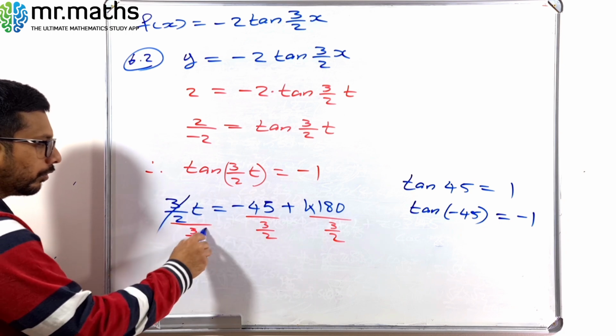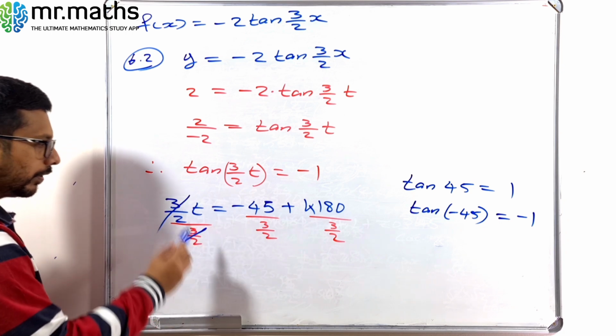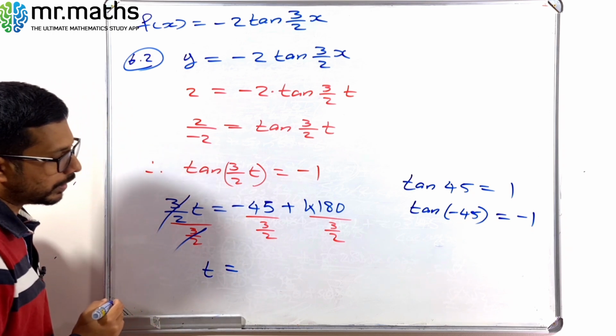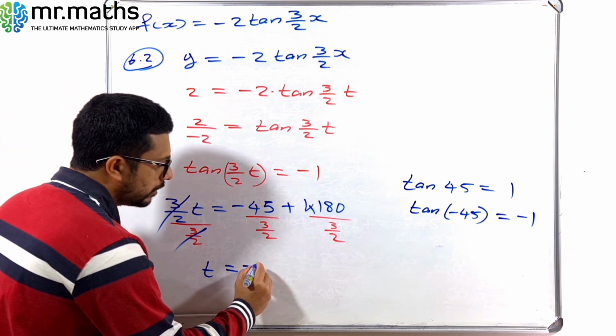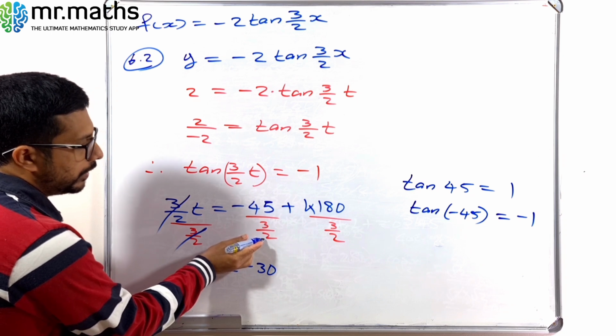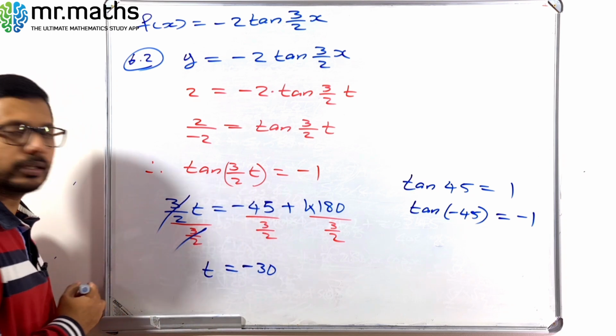Here 3 over 2, 3 over 2 cancel. So what is remaining? T. T is equal to, check in your calculator, I think this is minus 30. 45 times 2, that is 90. 90 divided by 3 is minus 30.